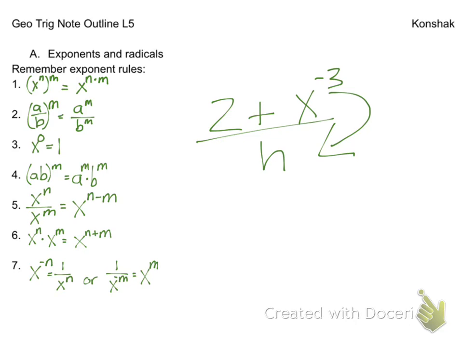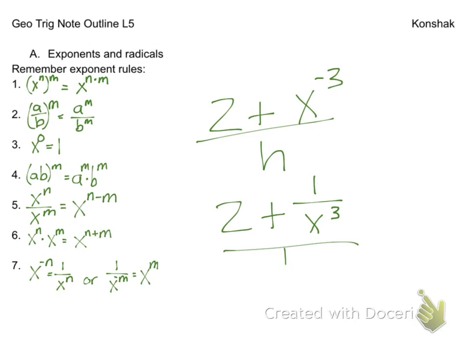What's really underneath x to the negative third power? It's a 1, just like what's underneath 2. A 1. What's underneath h? A 1. So what it becomes is 2 plus 1 over x to the positive third power all over h.